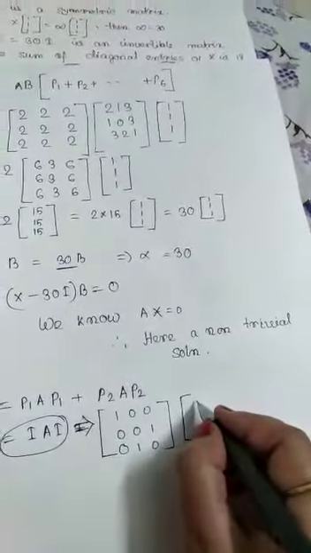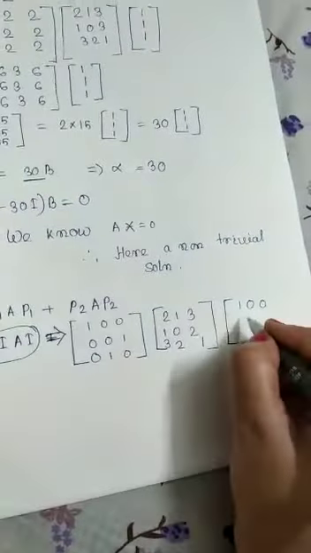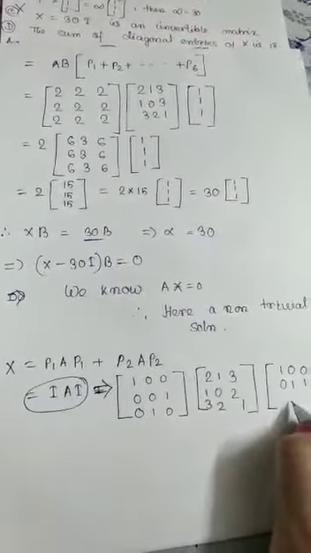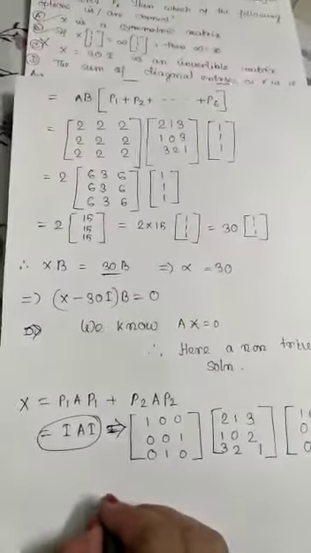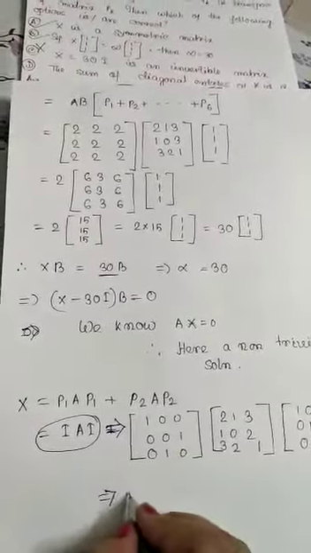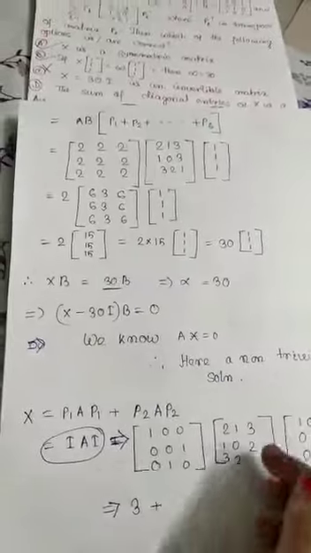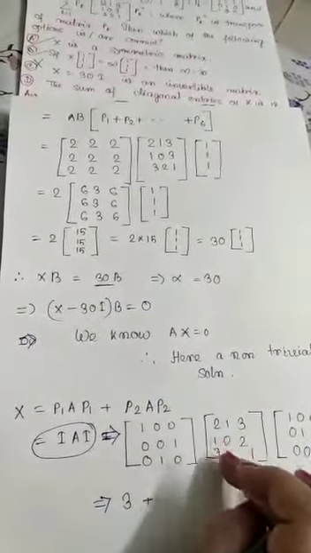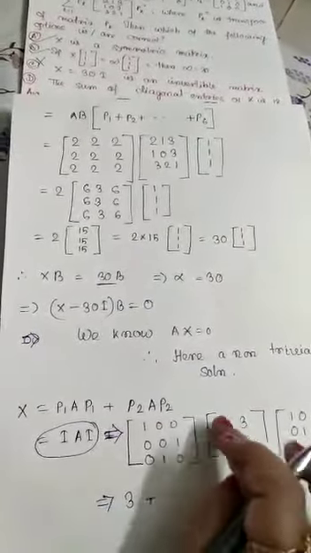Calculating this, we get, first, 3 plus 1 and 1, 0.